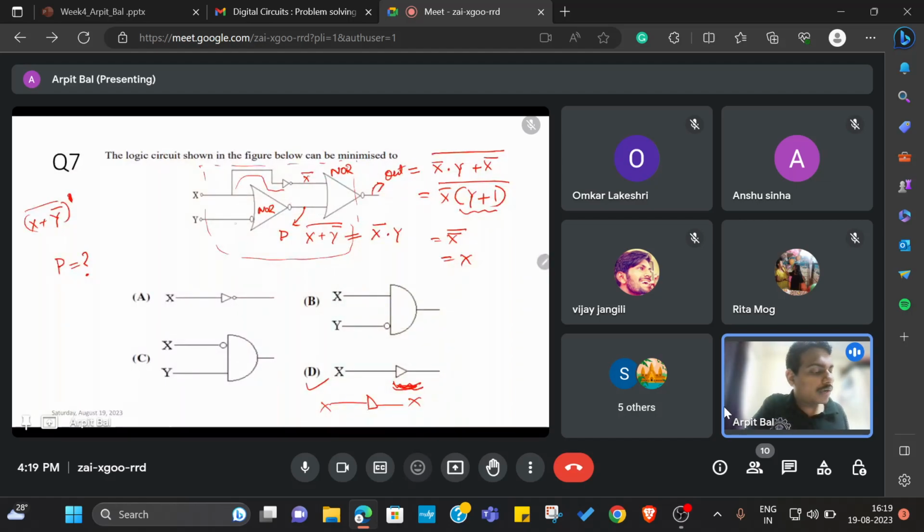Instead, you can replace it with a buffer, or you can just connect a wire from X to the output. So it can lead to using a minimum number of logic gates as well as saving power. When you design any digital system, these things are helpful, because you can observe that all these gates are not required to realize this logic, so they become redundant but unnecessarily consume area and power. So this is one practical application of this minimization method.